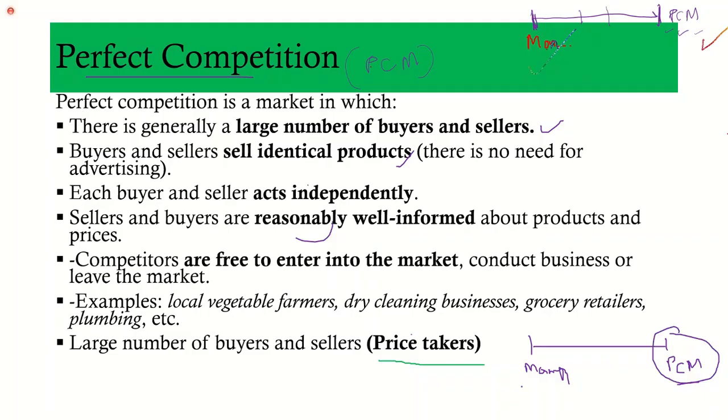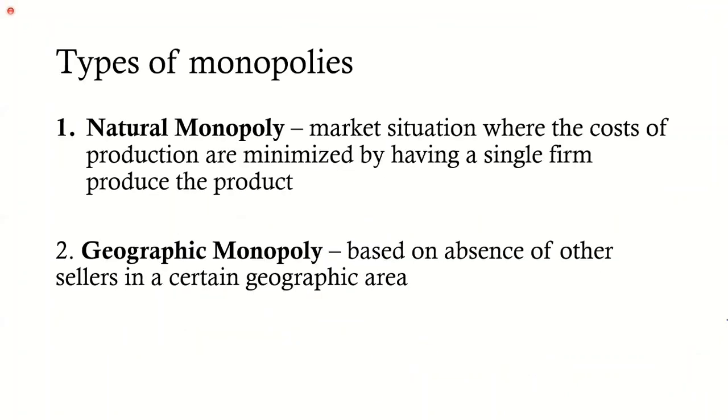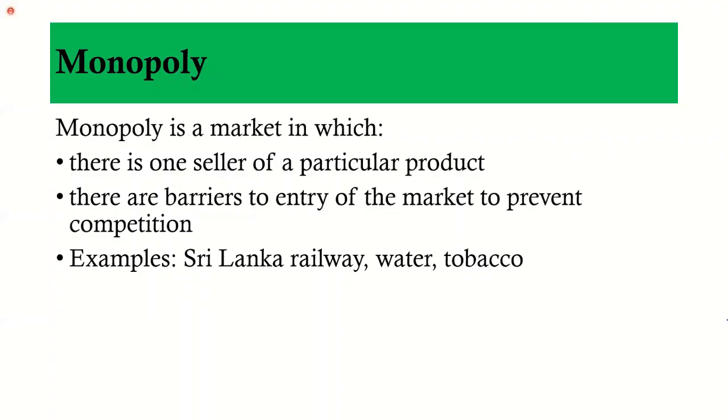Now we look at the other extreme: monopoly. The opposite, right? Let's look at the characteristics of a monopoly. I'm sure you all have heard of this term monopoly. This term was very much in the news in the past couple of years, monopolies when it comes to gas and so on. So what do we mean by the term monopoly?